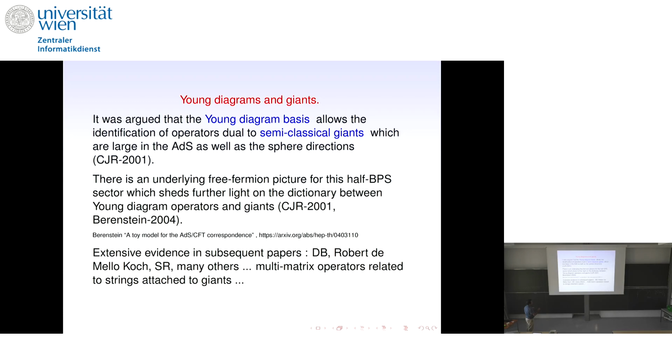And this has a nice connection to free fermions, as was elaborated in these papers. And as David also mentioned, there's extensive evidence for this picture of the connection between the Young diagrams and the semi-classical giants, developed in many papers that also make contact with multi-matrix combinatorics.